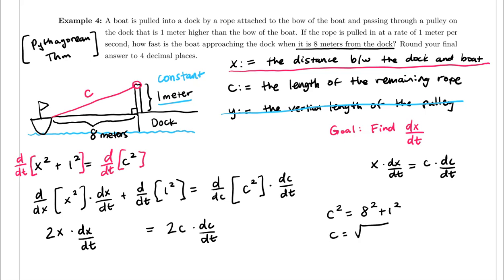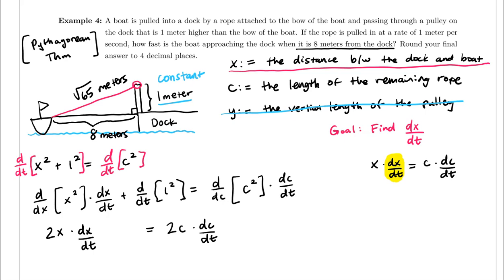And if I solve for c, we end up getting the square root of 65. Okay, I'm going to erase this, and let's plug in some values. And remember, eyes on the prize, so our goal, we're trying to find dx/dt.